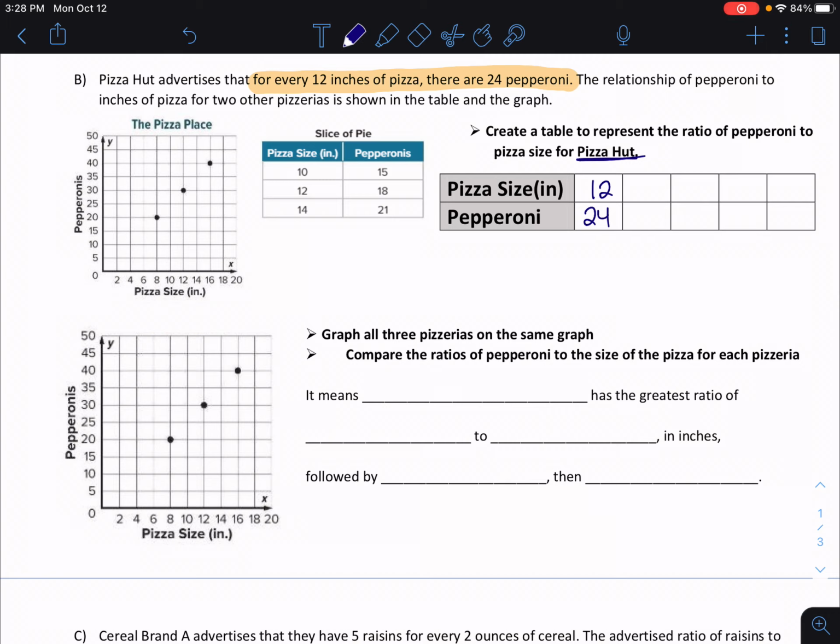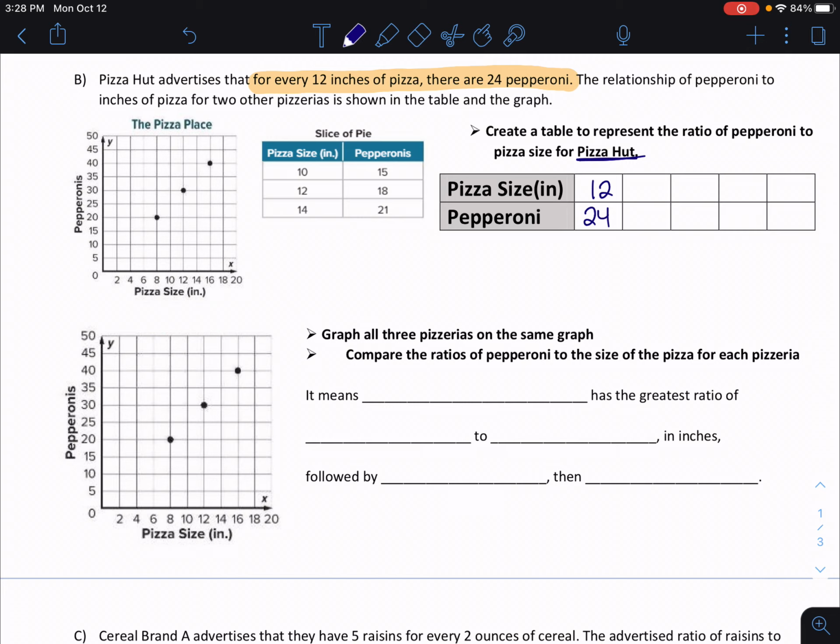The relationship of pepperoni to inches of pizza for the other two pizzerias is shown in the table and the graph. So I've got Pizza Hut, Slice of Pie, and the Pizza Place. And we want to graph all three pizzerias on the same graph.